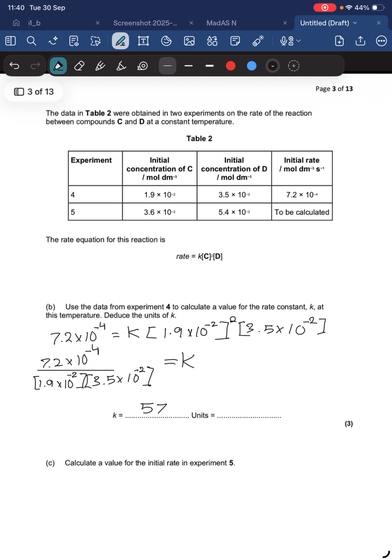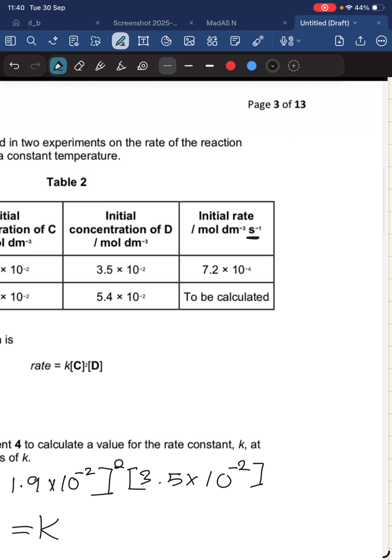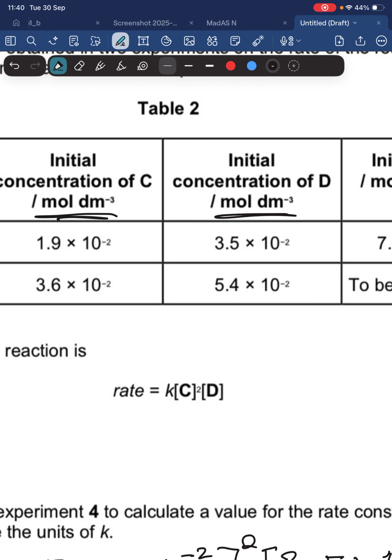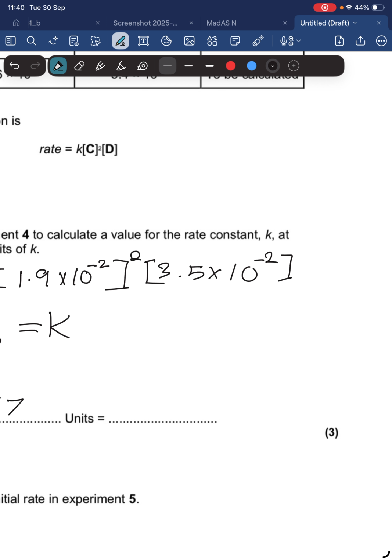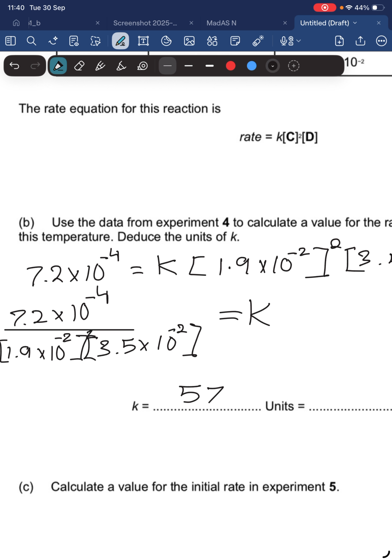I looked at the other answer, we got 57. Okay, now if you look, this is in seconds, this is in moles per decimeter, this is in moles per decimeter. So as safety, I'd also like to put the units and kind of work it out like that. So we got per second over here, and then if we times everything together, we get moles. So that should be squared, by the way.